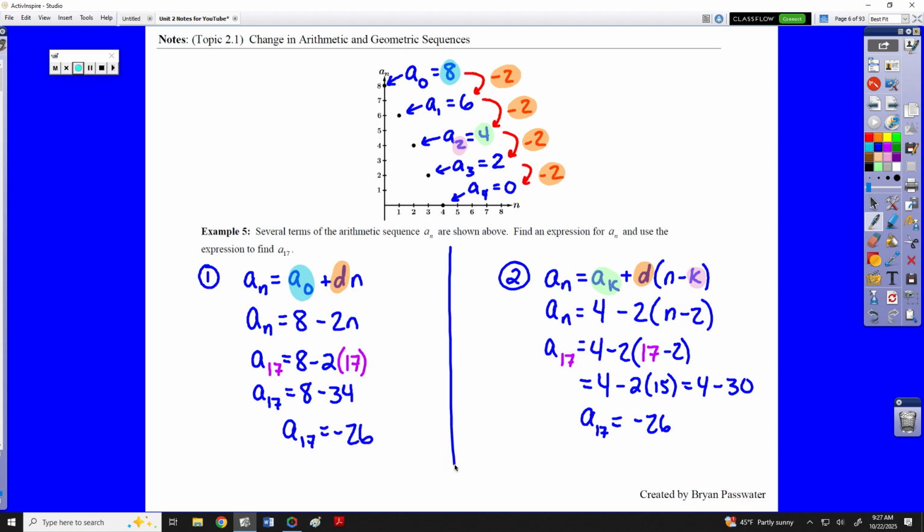So either way you approach this problem, you should get an expression for a sub n, an equation where you plug in n and get a sub n out, and then you should be able to plug in 17 and you should get -26 as your output from that equation, no matter which version you use.